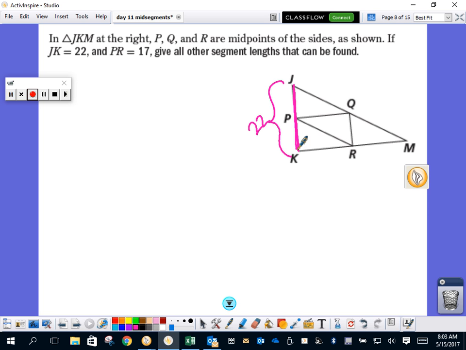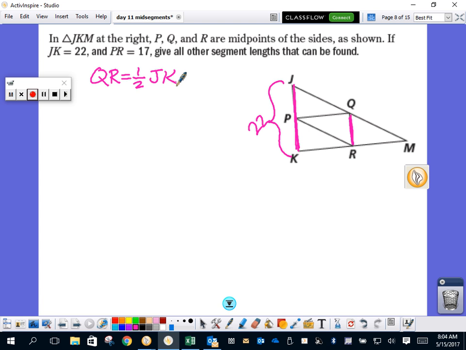QR. So I would highlight those the same color. If we know JK is 22, we also know QR is 1/2 JK, because QR is the mid-segment.